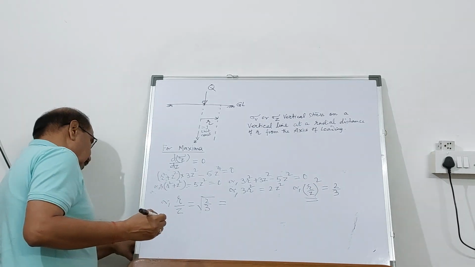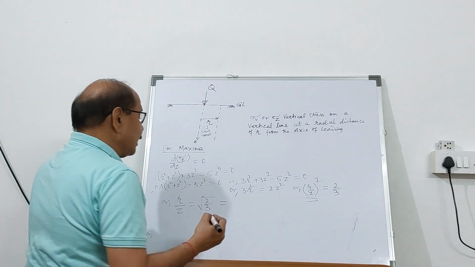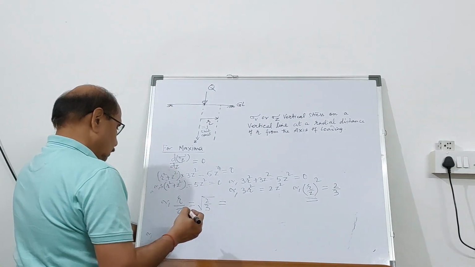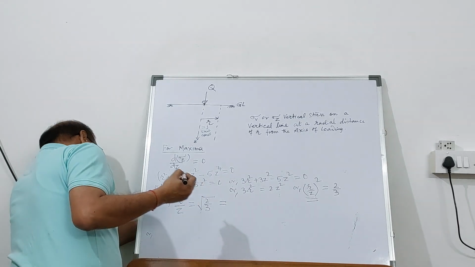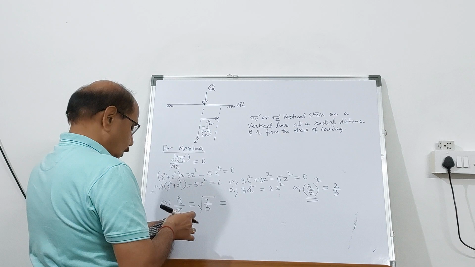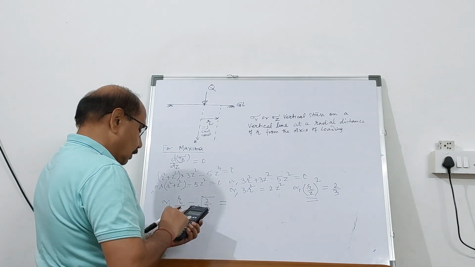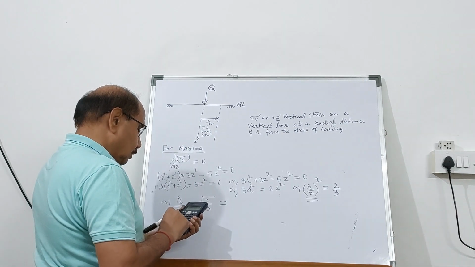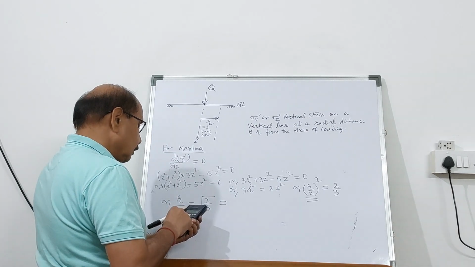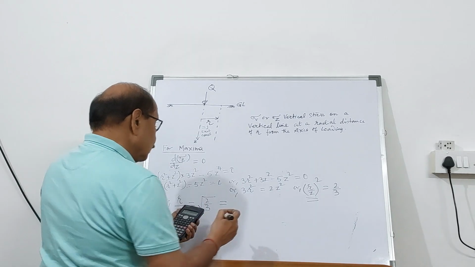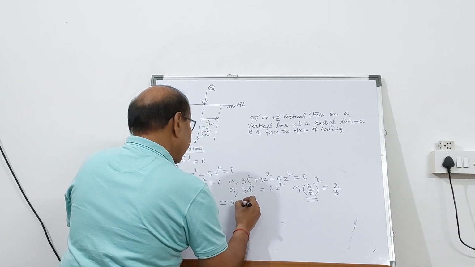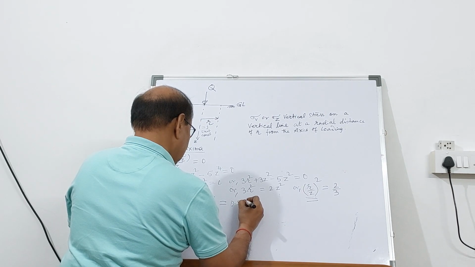So we can say that we take 2 divided by 3, which is 0.816.